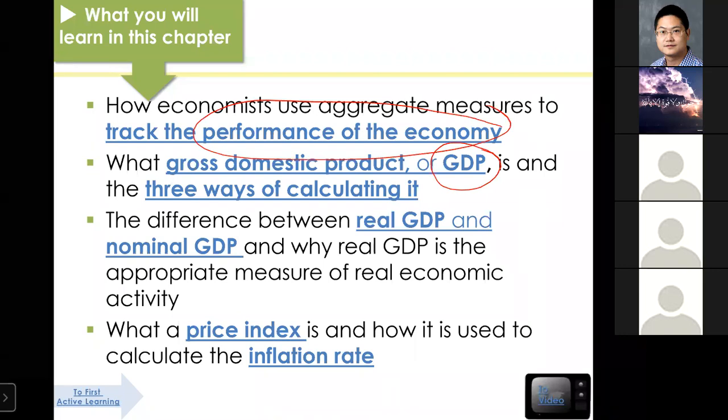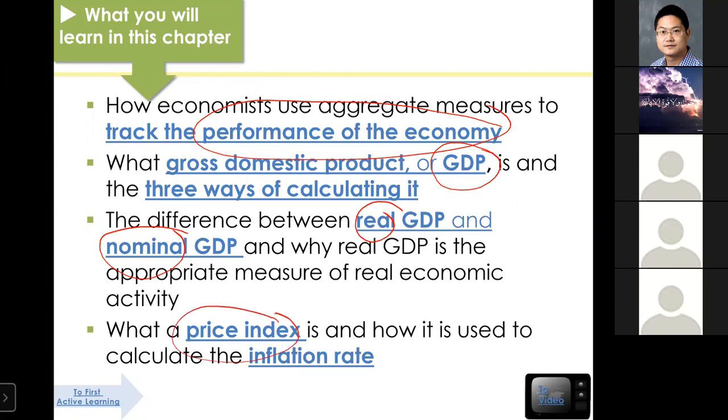I'm going to explain that there are three different ways to calculate GDP, and they are equivalent; in other words, they give you the same number. Next, we are going to look at the difference between real GDP and nominal GDP, and why we want to differentiate between them. Finally, we look at price indexes, or how we measure an aggregate price. So this is the roadmap.